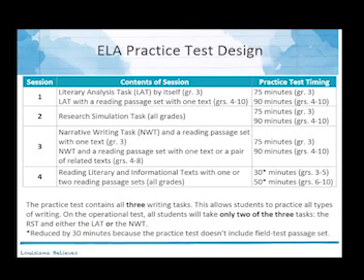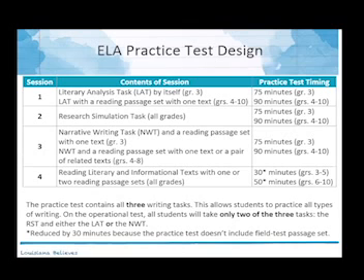Additionally, you'll see on the right column practice test timing, and this is slightly different than operational timing. The first 3 rows have the same times as you would see in the assessment guide, but for the 4th session, which remember isn't really a 4th session on the operational test, this particular session on the ELA test has the reading, literary, and informational text with the 2 reading passage sets.